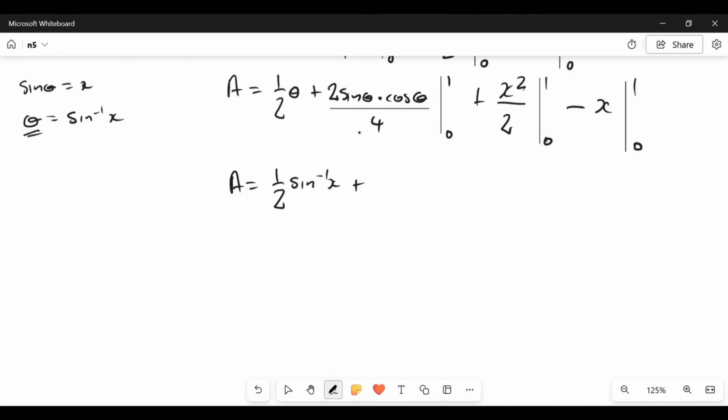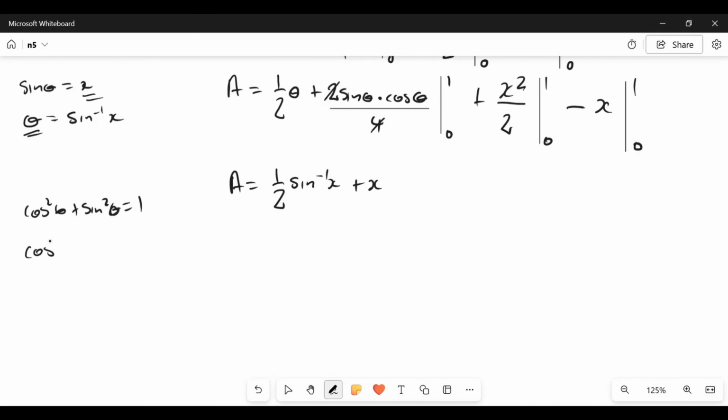So plus, we have 2 sine theta multiplied by cos theta. So we have 2 and 4, so this is going to give us 1 over 2. Sine theta is the same as x, remember. So this is going to be x multiplied by cos theta. Now, remember, we can take it from here: cos squared theta plus sine squared theta is equaling to 1, right?